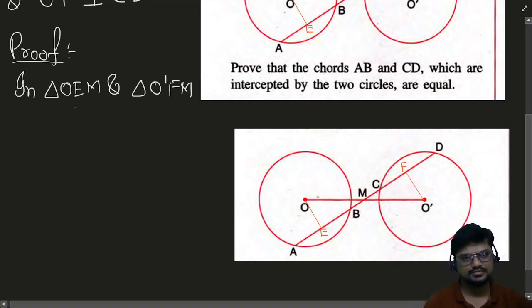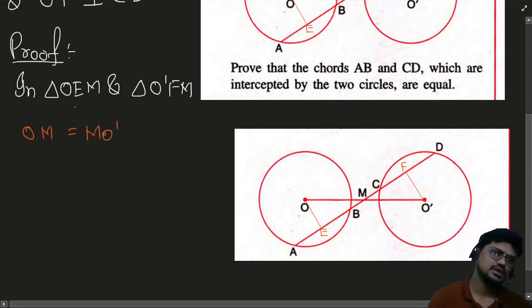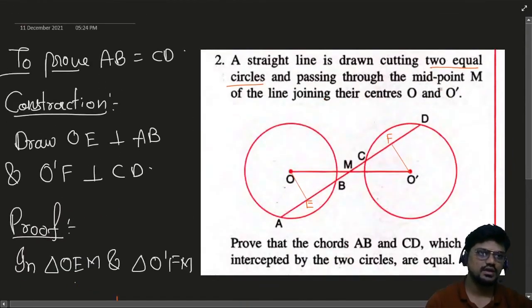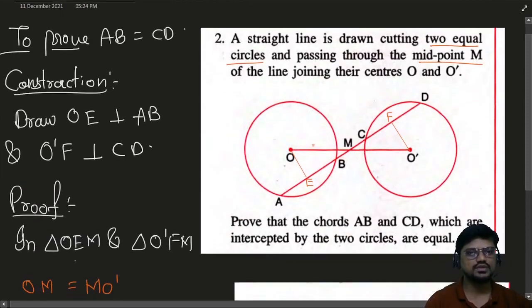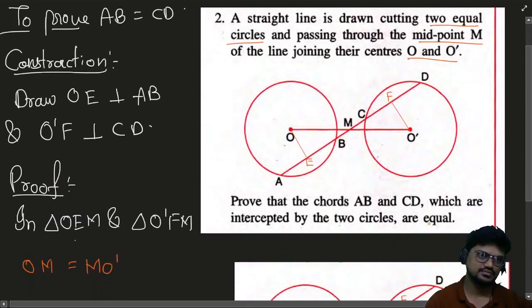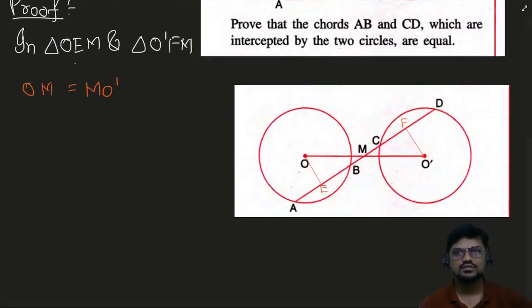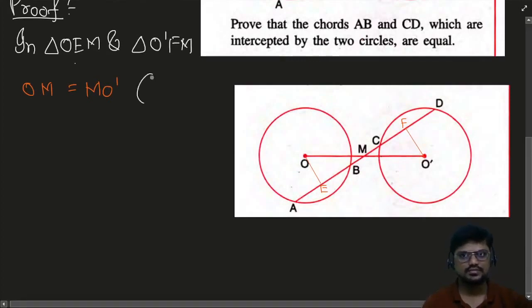Over here, I know that OM is equal to MO dash, since M is the midpoint, which is given. It was given, right? M is the midpoint of the line joining O and O dash. Right? This was given.